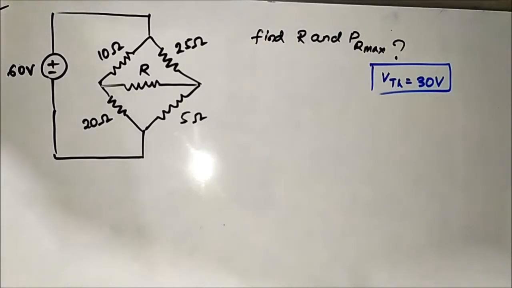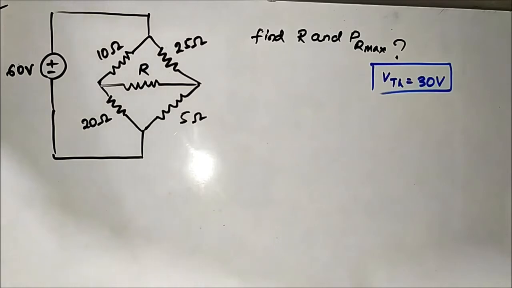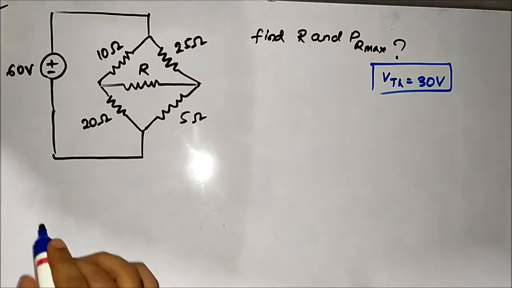Now we have to find RTH across the same two terminals. For that we have to deactivate this independent voltage source. We have to short circuit it.